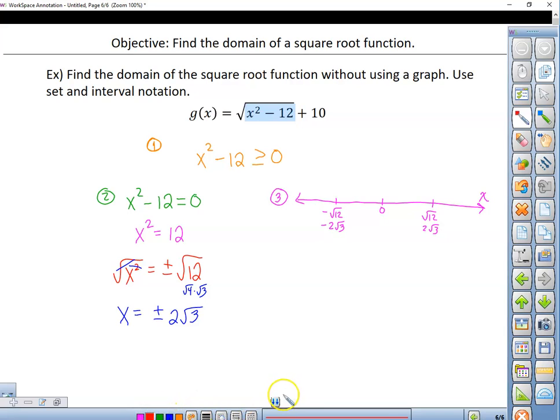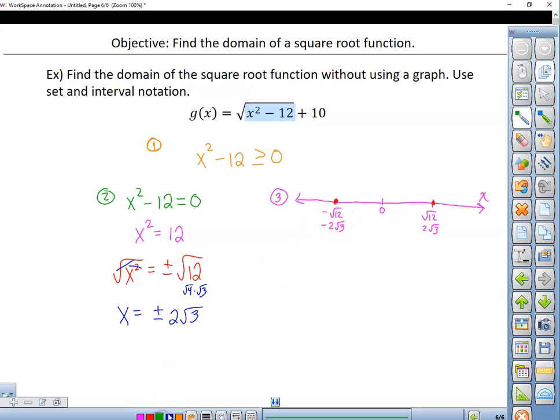You might recall that what these actually represent are the zeros of the quadratic function f of x equals x squared minus 12, which means that these are where the parabola that comes from x squared minus 12 intersects the x-axis.